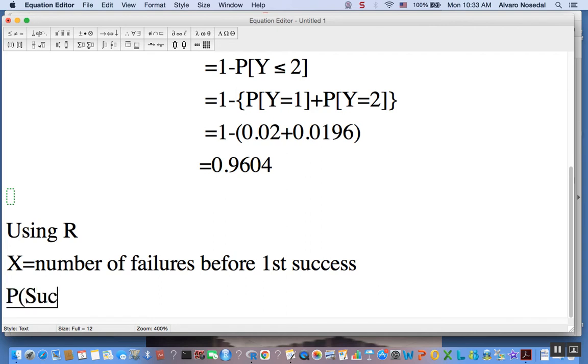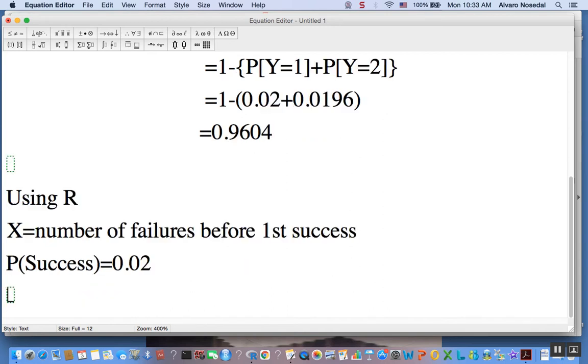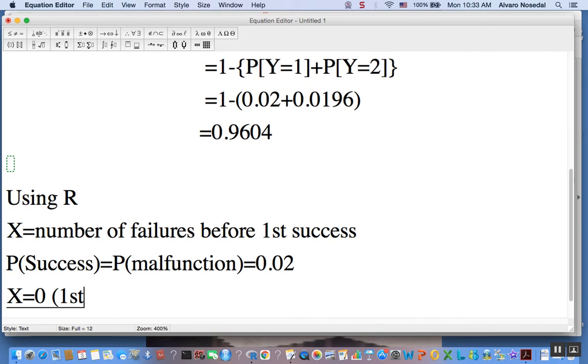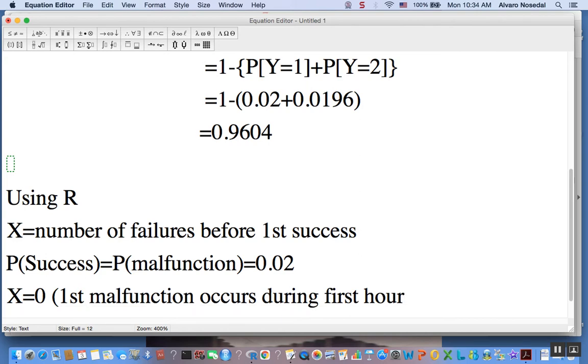The probability of success is the same, since we are interested in the probability of malfunction. If x equals 0, that means that the first malfunction occurs during the first hour. You guys agree?